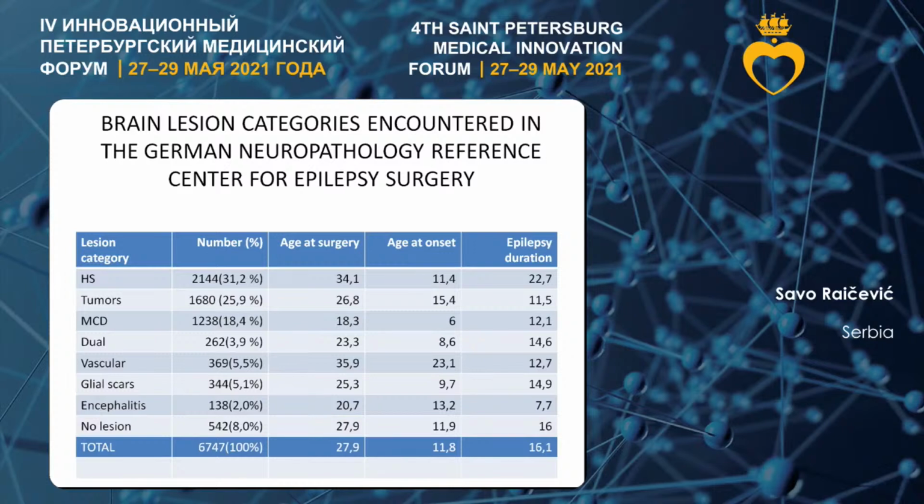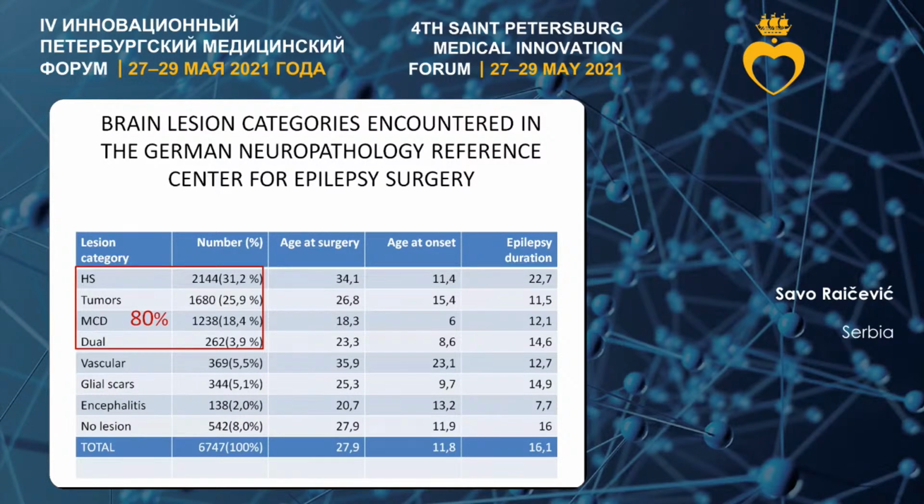Почти 30%, третья часть, были опухоли. Это были состояния склероз гиппокампа, а также опухоли и неправильное развитие, кортикальное развитие, дисплазия, кортикальная дисплазия.